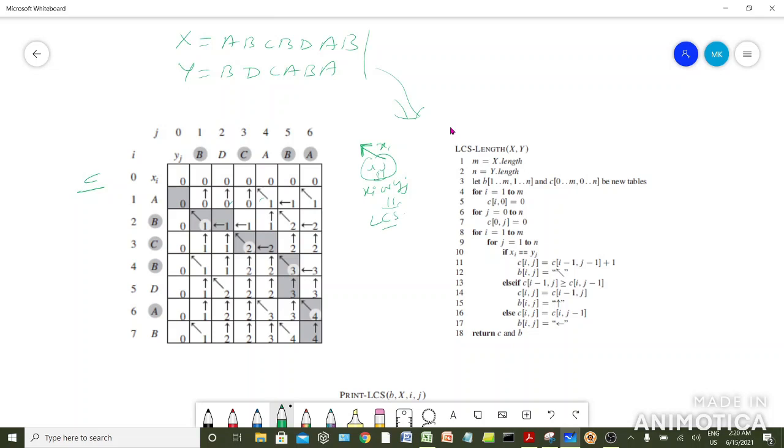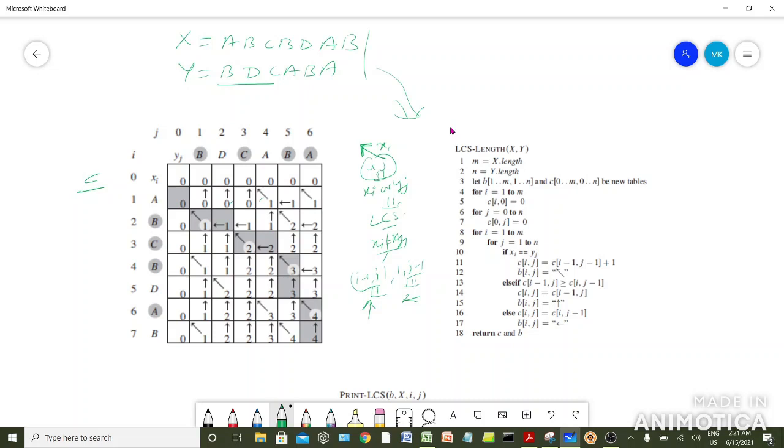If xi was not equal to yj, then we need to choose the maximum among i minus 1 j and i j minus 1, and based upon their choice, either this is chosen or this is chosen. If this is chosen, we put a vertical arrow. If this is chosen, we put a horizontal arrow within this. Done. So this is the solution for this problem. Try to generate it by yourself. It is very easy.